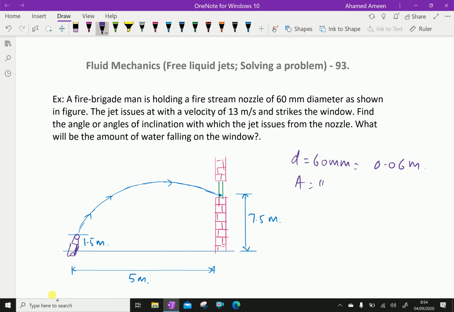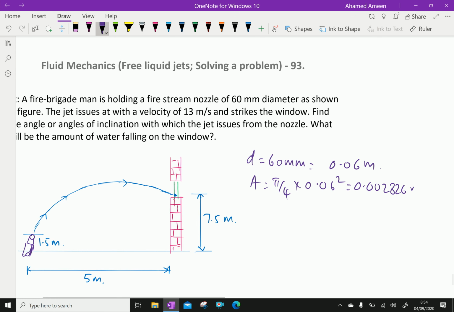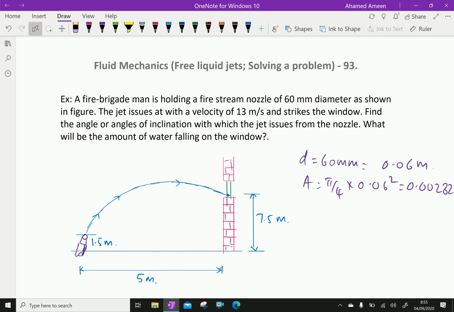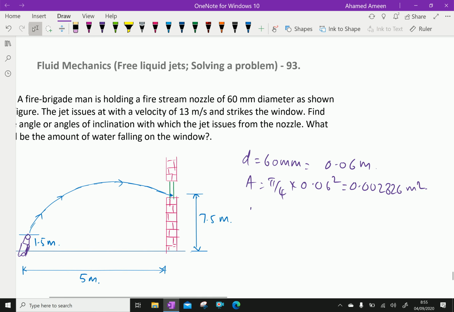Area equals pi by 4 times 0.06 squared, which equals 0.002826 meter square. Velocity of the jet is 13 meter per second.